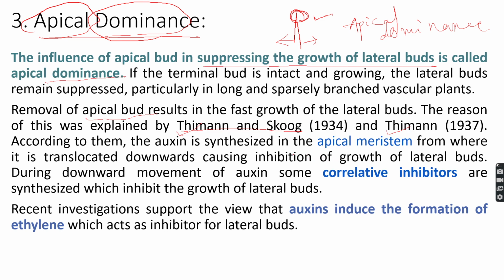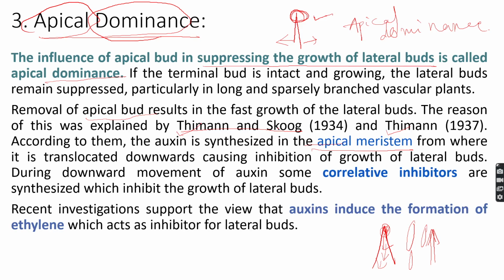According to them, auxin is synthesized in the apical meristem, and from there it goes downward, causing elongation of cells, and growth is in one direction. That is why there is apical dominance.